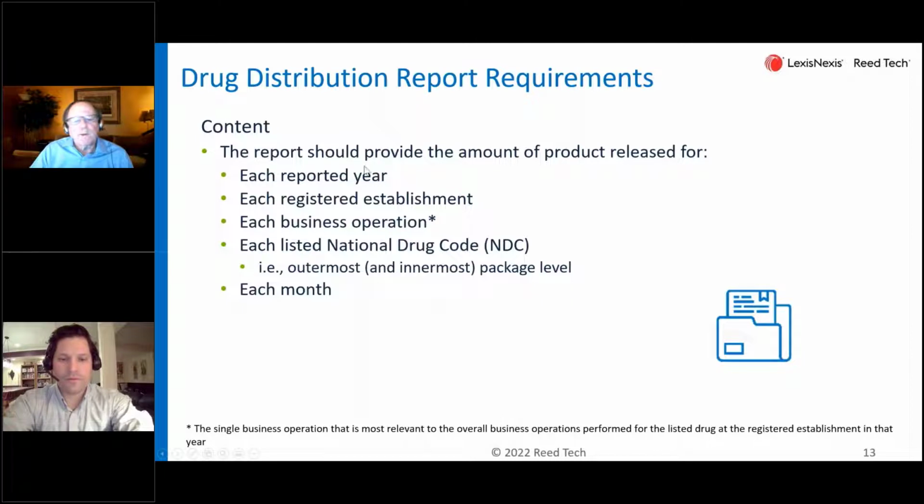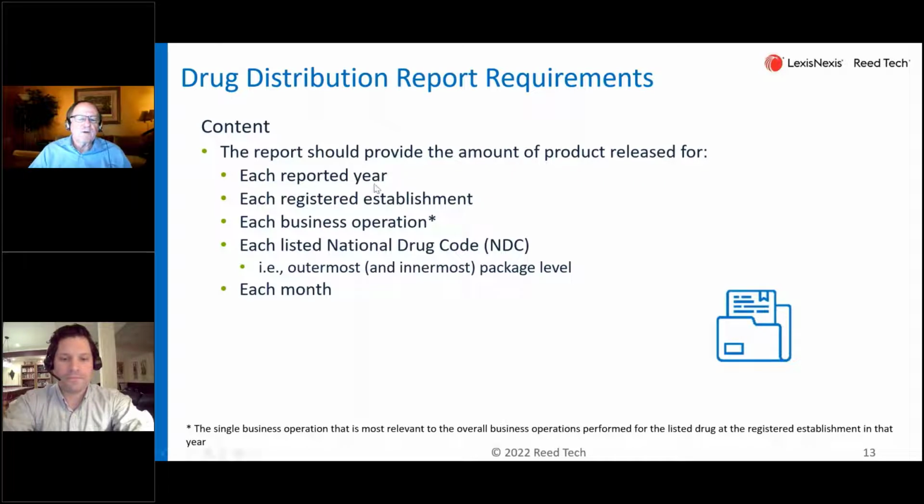One of the first items right at the top is, okay, what's my reporting year? This is from January 1 to December 31st of a particular year. Anything that's been distributed outside your control into commercial distribution, or released, as the FDA refers to it.